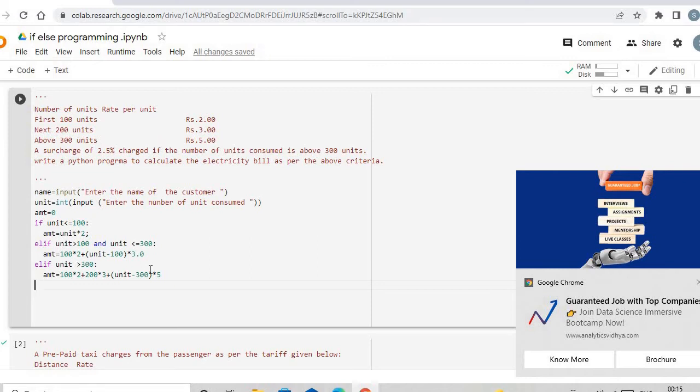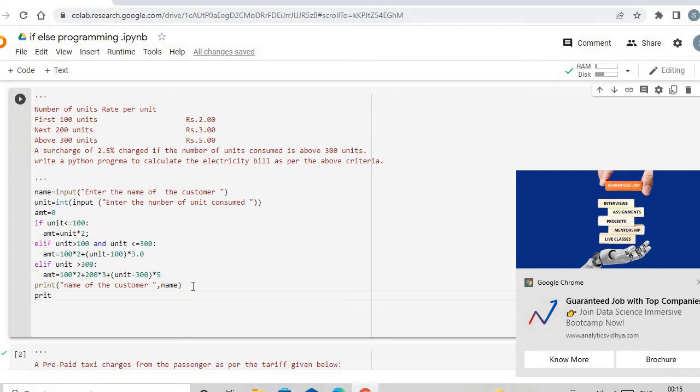Now we have to print the results. What is the final output that will be coming? Print: first I have to print the name of the customer. Name of the customer is name. Next, we also need to print the final amount.